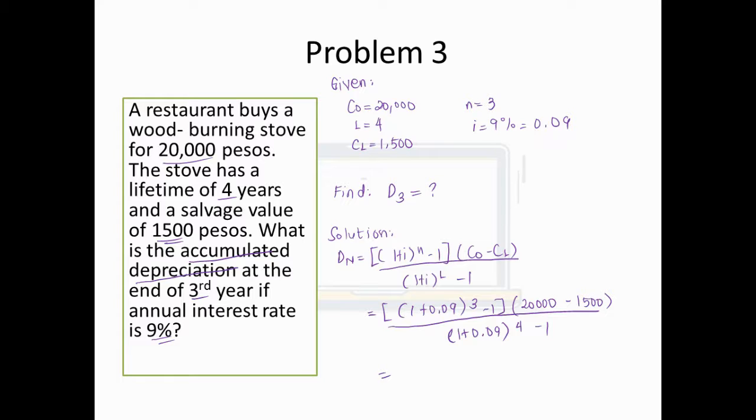So, after solving it in the calculator, our final answer should be 13,261.13, or the accumulated depreciation of the wood burning stove at the end of third year is 13,261 pesos and 13 centavos.